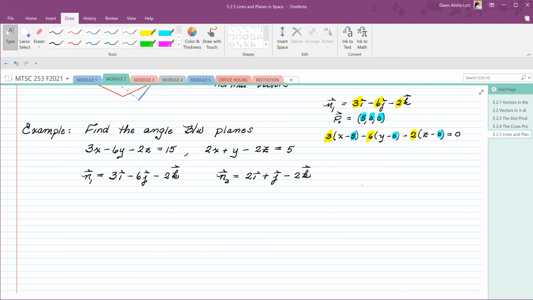Remember, N1 dot N2 is the length of N1 times the length of N2 times the cosine of the angle between them. Oh, that's what the homework was. Yeah, I saw that on the homework. I used the practice problems to solve it. Okay, so theta is the angle between them.